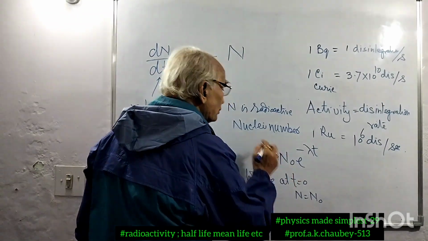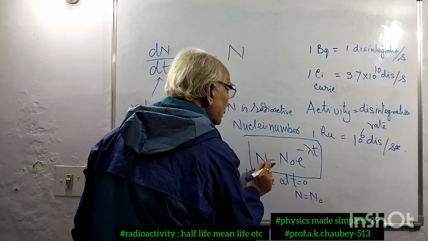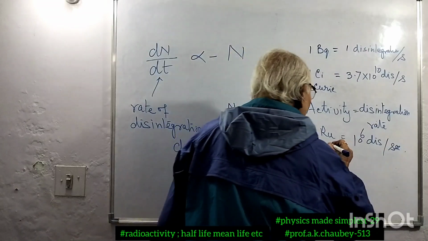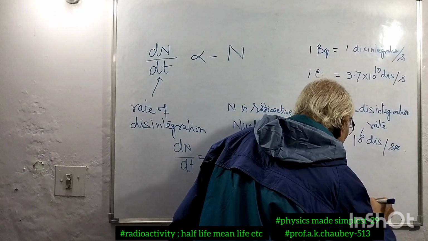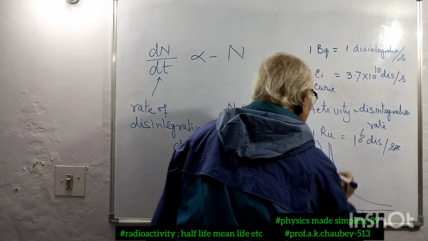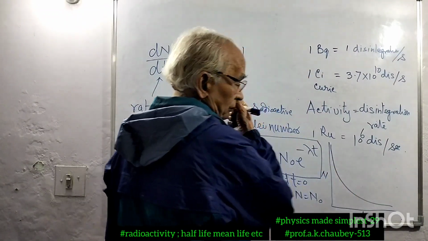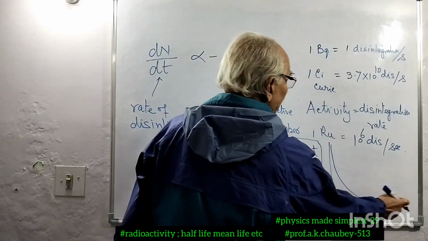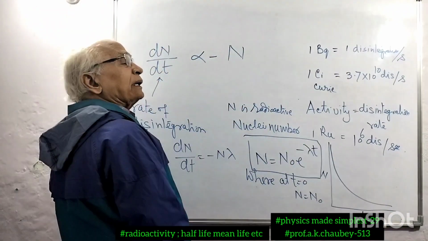So this equation gives you how the nuclei are decreasing, from N naught initially, with exponential decay. This gives the exponential decrement of the system, starting like this, as time t increases. This is the activity, how N is decreasing. So this equation N equal to N naught e to the power minus lambda t is plotted here with time, and this is called exponential decay.